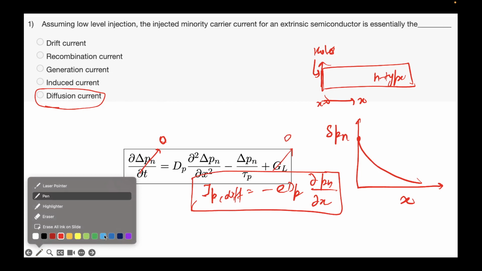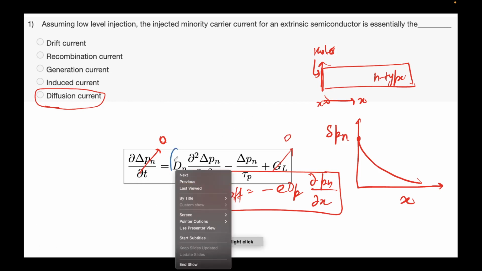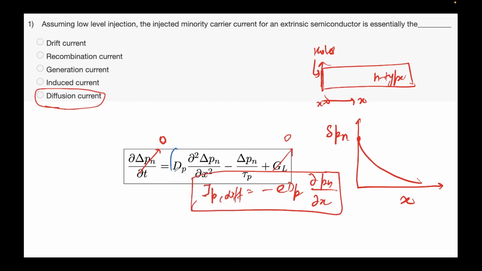If you solve these two terms, we got this expression. And if this is delta Pn, you can put it here and you can get a diffusion current, right? Hence our correct answer here in this case would be D.